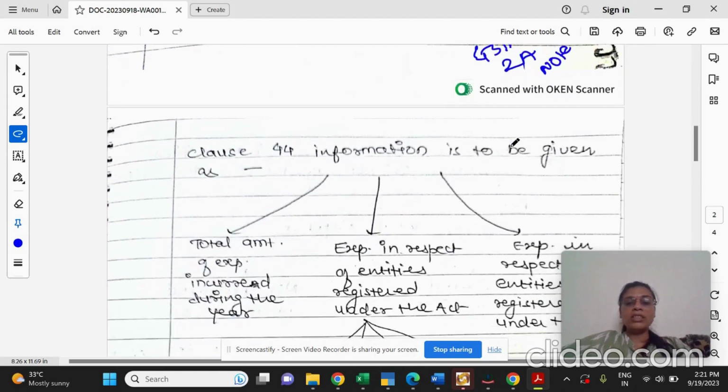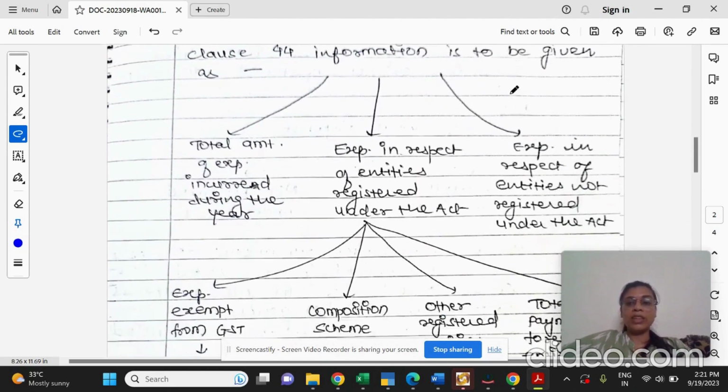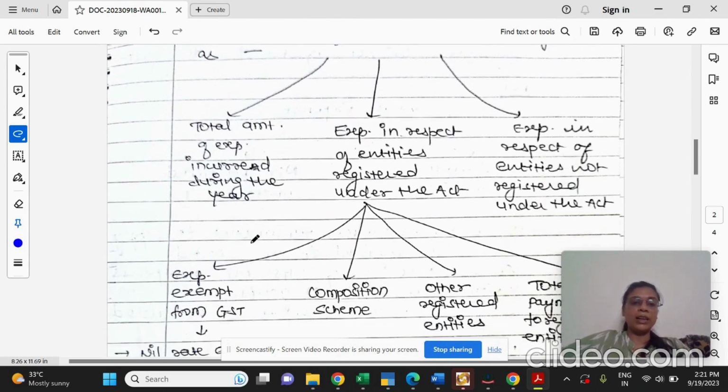So now these expenses, as I said above, that 110 needs to be bifurcated. The total amount of expenditure incurred during the year would be 150, that is your 100 rupees as your total expenses per P&L account, plus your 50 rupees capital expenditure. So this will be your total expenditure.